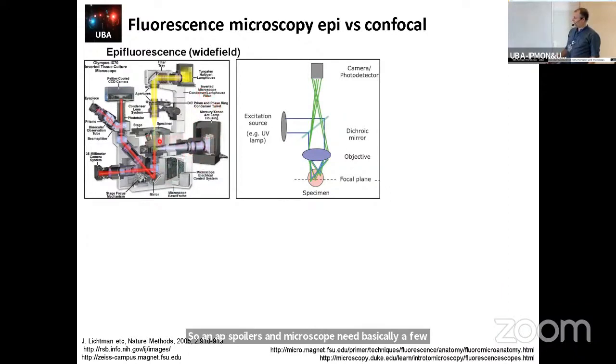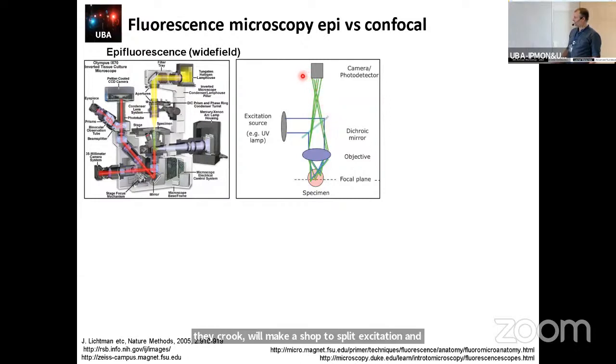The light passes through a dichroic mirror, which is used to split the excitation light and the emission light. Then we need some optics that focus the excitation light on our sample, our specimen, and the emission is isotropic. We collect the light with the same objective, and the dichroic does the job of splitting excitation and emission, as I mentioned before.